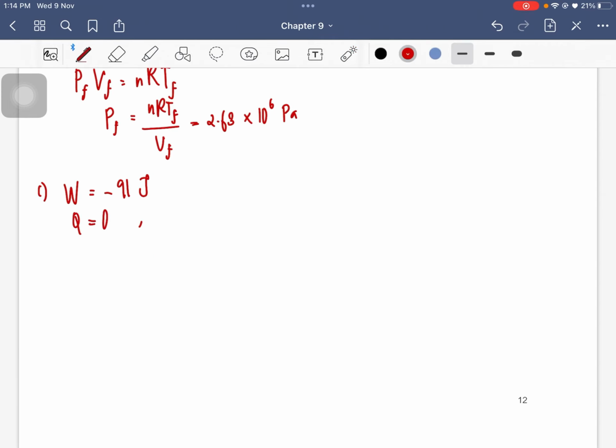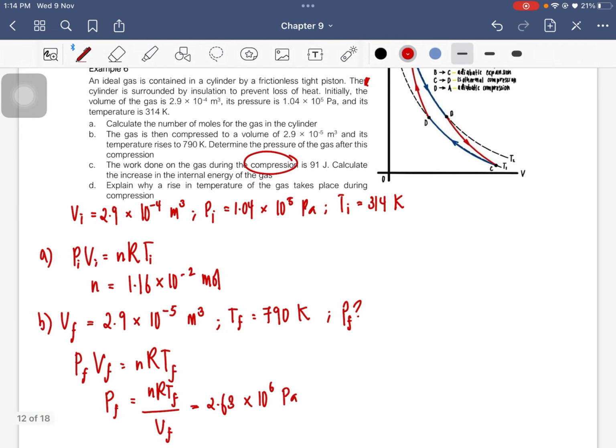So Q is equal to 0. So delta U equals Q minus W becomes delta U equal to negative W. So that means our delta U is just positive 91 joule. Alright? Okay.